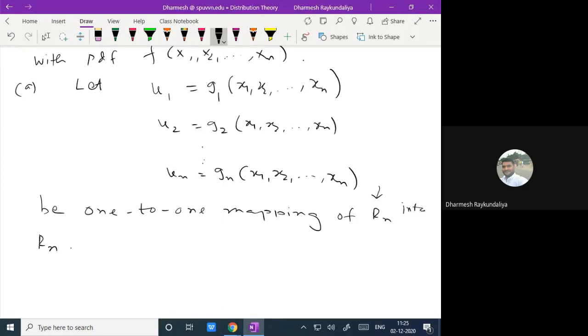Sometimes people write Rn in this way; both are the same. So it is an Rn to Rn function, and their inverse transformation exists.